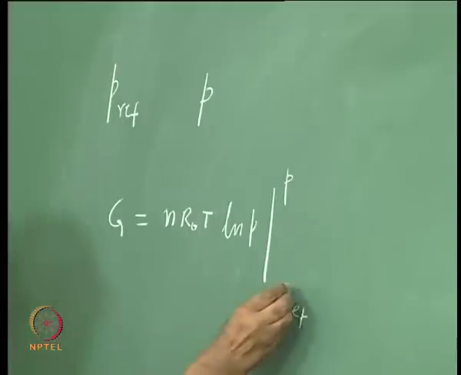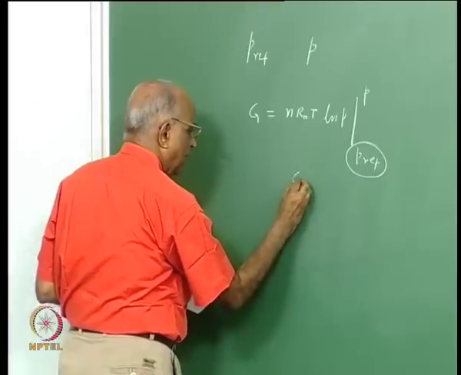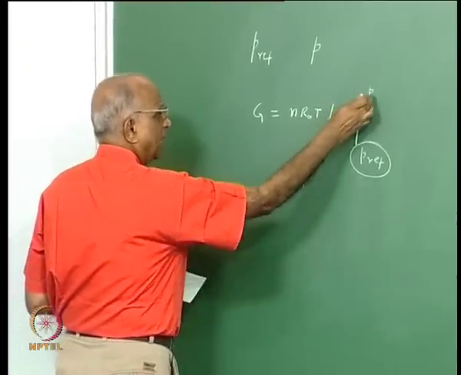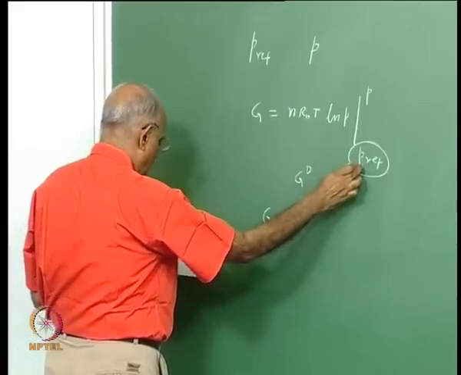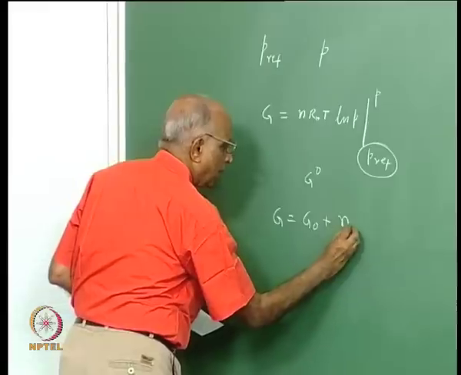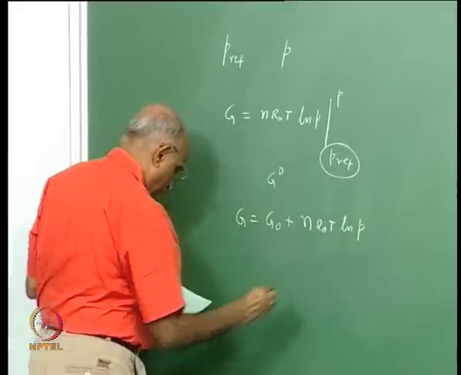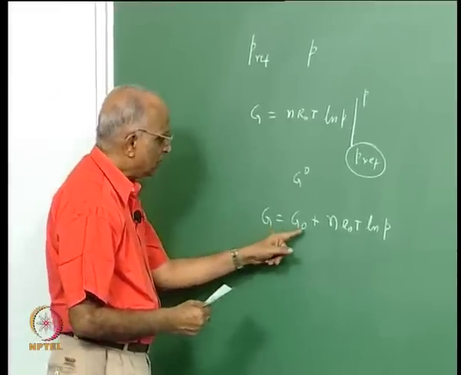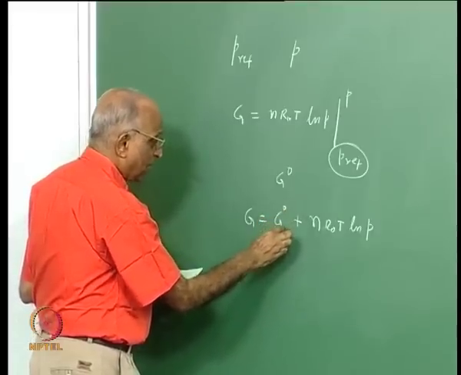The standard reference value of P reference is taken as 1 atmosphere generally, and assuming the value of G corresponding to the reference pressure as G naught, we can now write the value at any partial pressure P as G is equal to G naught plus N R0 T ln P. We must remember that this G naught, I should have put the reference value, that is the 0, as a suffix rather than as a superscript.